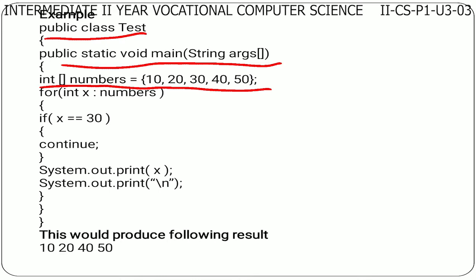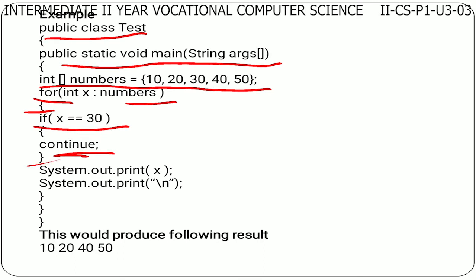So to access this array, I am using the for loop, for int x colon numbers, and opening the for loop. Within the for loop, I am taking a condition, if x equal to 30, and if the condition is satisfied, then I am executing within the if the continue statement, that is continue semicolon. I am closing the if statement.